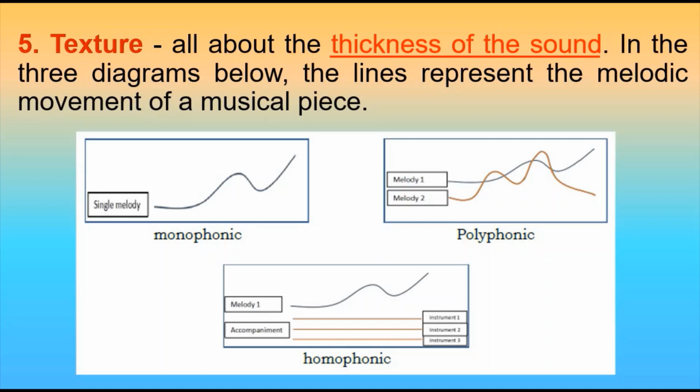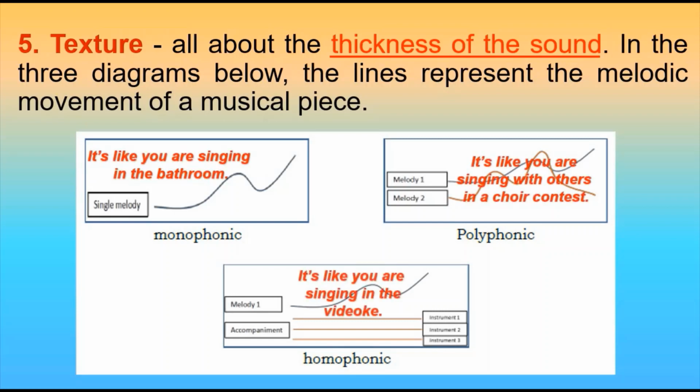In monophonic, it's like you are singing in the bathroom. In polyphonic, it's like you are singing with others in a choir contest. In homophonic, it's like you are singing in the videoke.